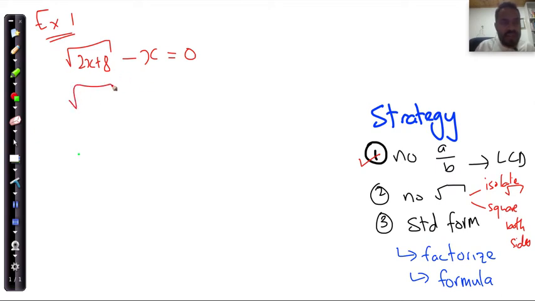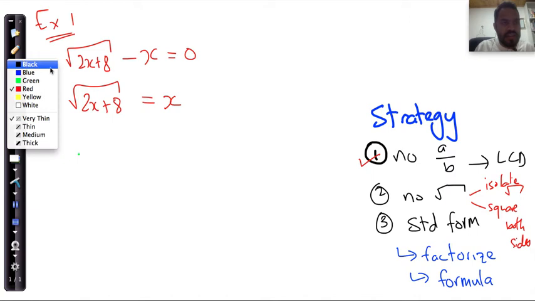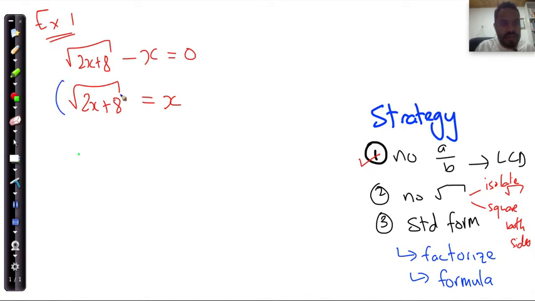I'm still going to have the root of 2x plus 8 on this side, equal to, there was a 0, I'm going to get rid of this negative x by adding x to both sides, or taking that x over, and it becomes positive x. Now at this point, it's very important that we square both sides. I square this entire thing and my result will simply be 2x plus 8.